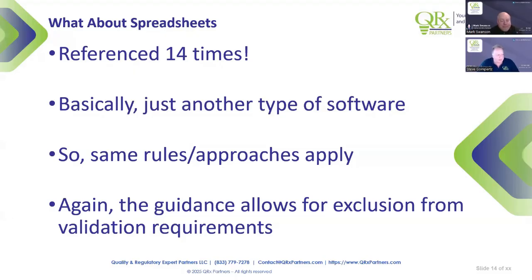But if you answer yes to any of them, now you're going to move into this procedure for computer systems assurance. That applies not just to spreadsheets. Again, for all software, you have that ability to say, look, I can show you why this should be excluded from the need to do these assurance activities.